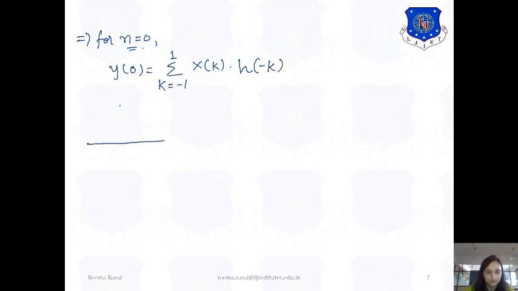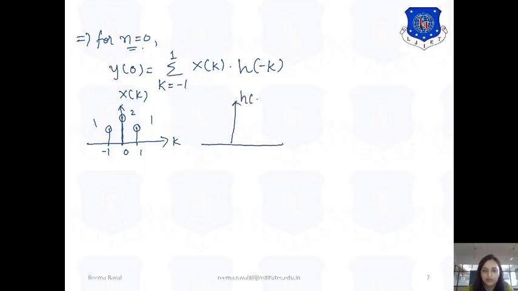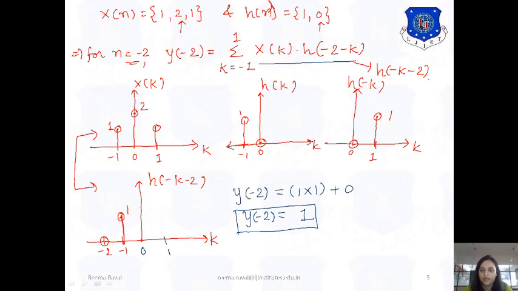So here x of k, we know that it is 1, 2 and 1 for the instances minus 1, 0 and 1, and h of minus k is what? That we have seen earlier. So as you can see over here, h of minus k is 0 and 1 instance having values 0 and 1, okay?